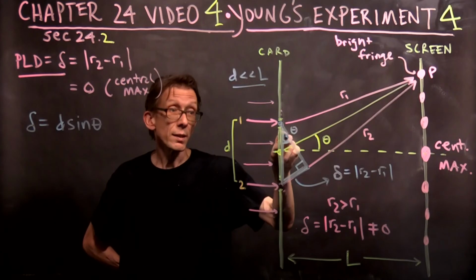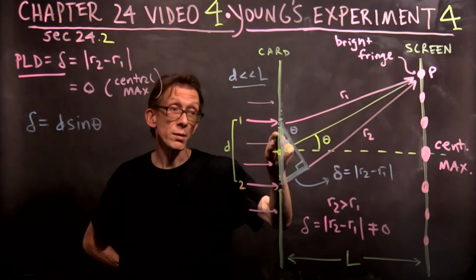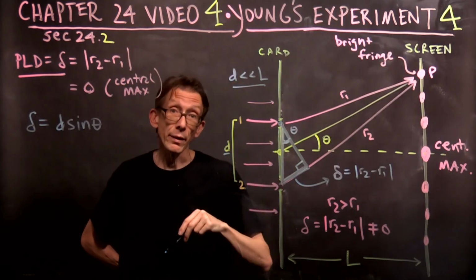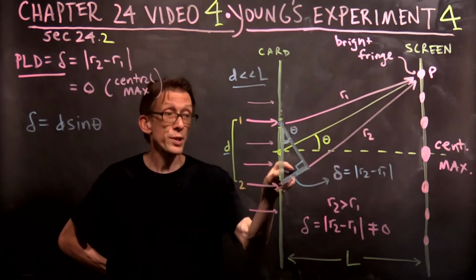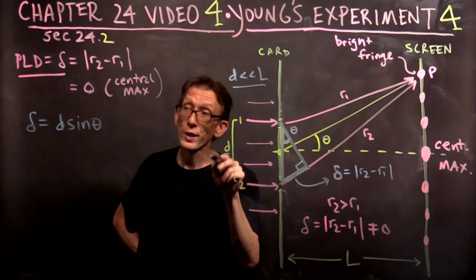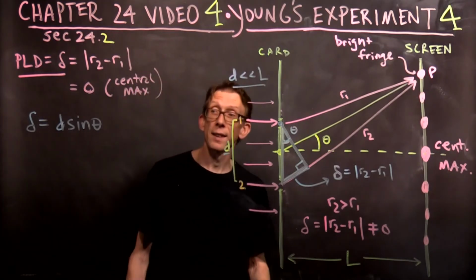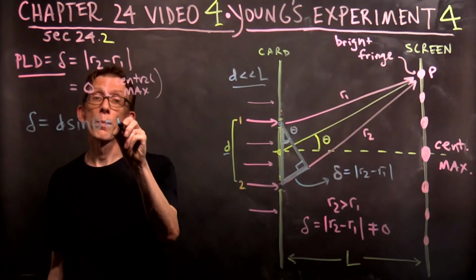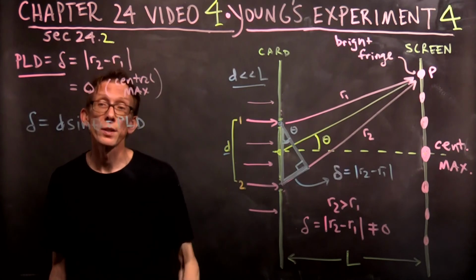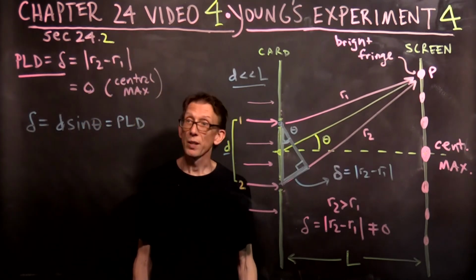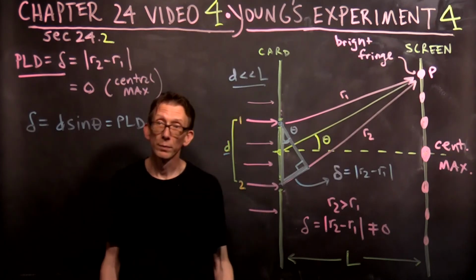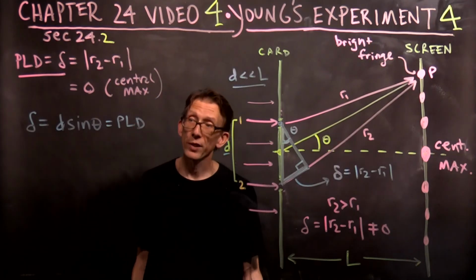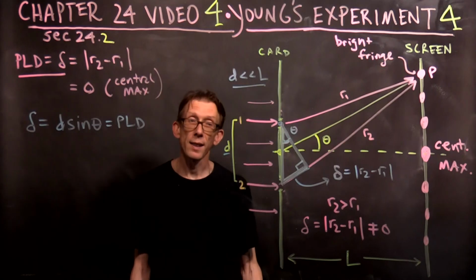The hypotenuse is plain old D, not delta, D. So the opposite over the hypotenuse is delta over D, which means that delta is D sine theta. That is our path length difference. It's not zero because theta is not zero. In this case, our path length difference is D sine theta.